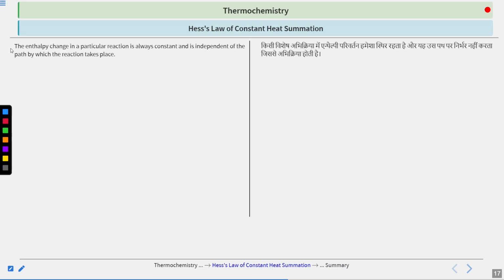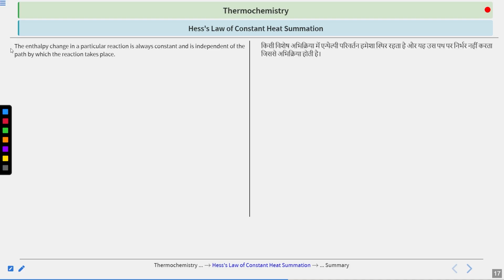Next, the theoretical way to calculate the enthalpies is called Hess's law of constant summation. This law says that if you are doing a chemical reaction, you can do it in multiple ways, and for each route you will have the same enthalpy.